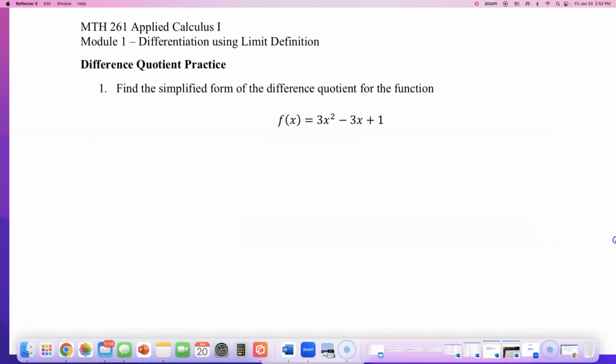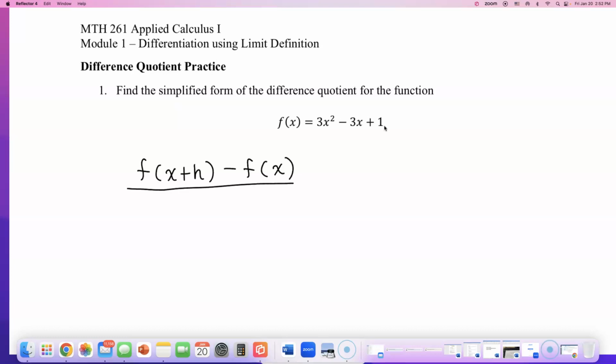Find the simplified form of the difference quotient for the function f of x equals 3x squared minus 3x plus 1. So the difference quotient formula is f of x plus h minus f of x all over h.